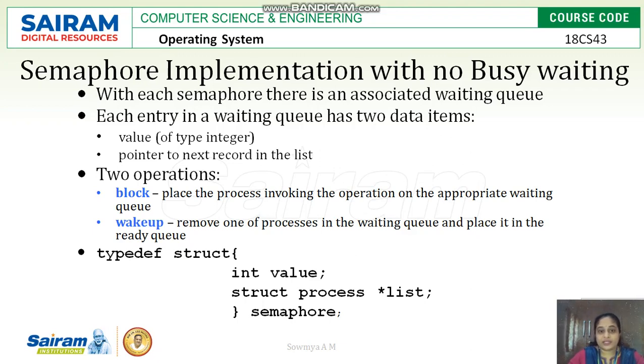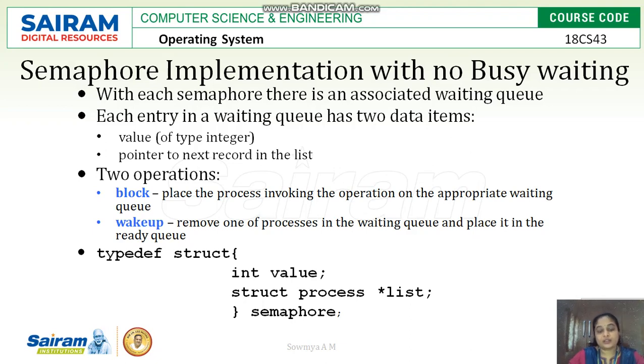The block operation will be invoked by the operating system for those processes which are waiting. And once the process releases the critical section, for the next process to be executed, the operating system calls the wake up function so that it can acquire the critical section.